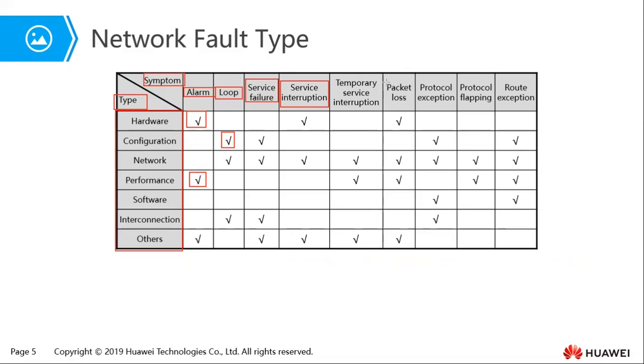Then packet loss, protocol exception, when you're having errors in protocols due to configuration or misconfiguration, protocol flapping, when it keeps on changing, paths are recalculated and so on, and also route exception when we have a problem with the service paths that we have created using maybe traffic policies and so forth. So generally, those are some of the network fault types, and some of the symptoms that you might encounter from each one of them.